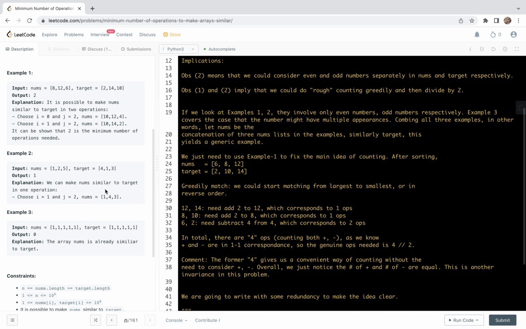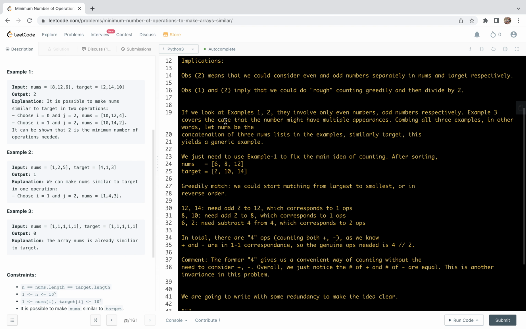Let's also analyze the three examples and guess what their meanings are. If we look at example 1 and example 2, they involve only even numbers and odd numbers respectively. In example 1, the numbers are even, and in example 2, the numbers are odd.